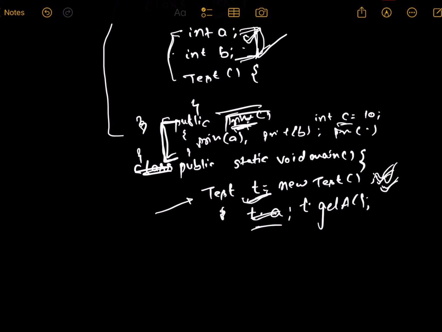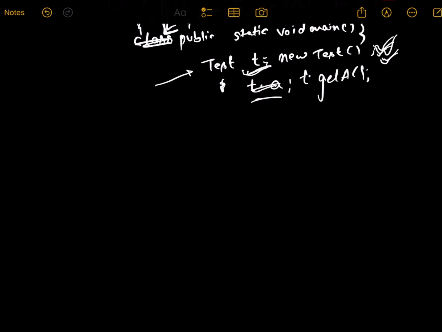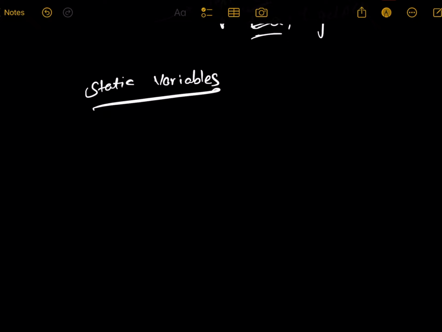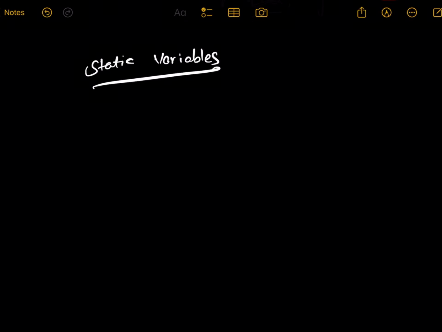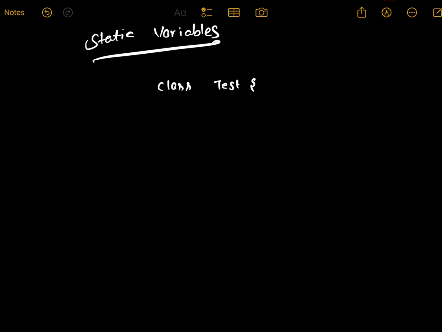Okay, now come static variables. What are static variables? Static variables are declared like an instance variable only. Suppose you have class Test here. Inside this class you have a static variable, say static int x equal to 10, and then you have an instance variable int b.